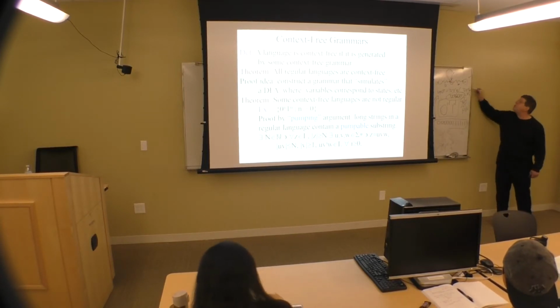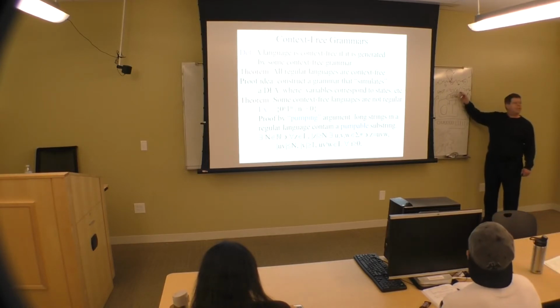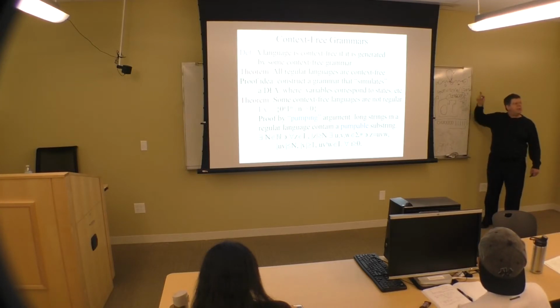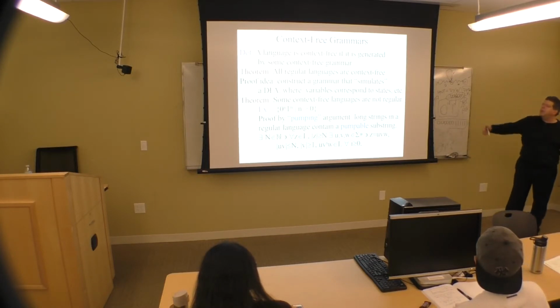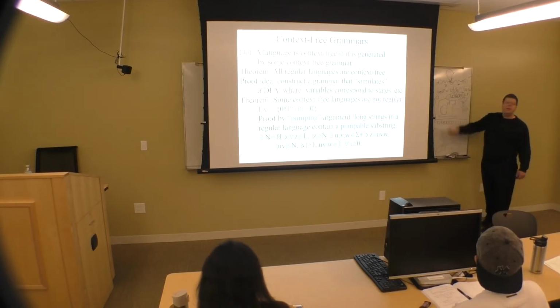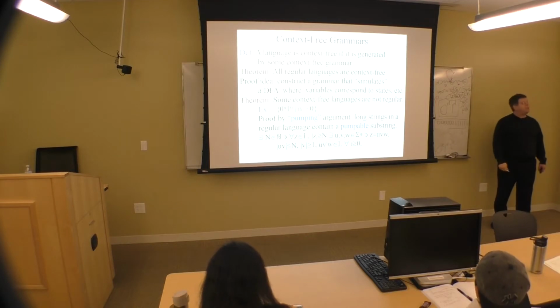Now, that's not to say all strings it accepts are in this form. But if it accepts a string long enough of this form, it must accept all these other strings of the form V raised to any power. That's called the pump. That's why it's called the pumping lemma, or the pumping theorem, or the pumping argument, because you pump up the middle portion to any number of times that you like, and it must recognize all such strings also.